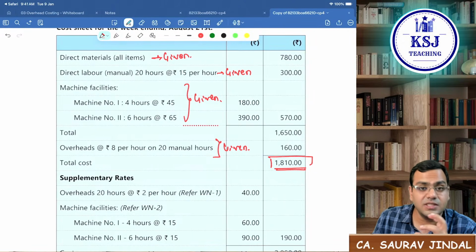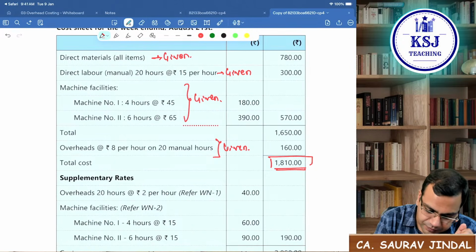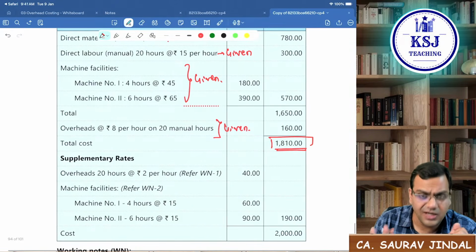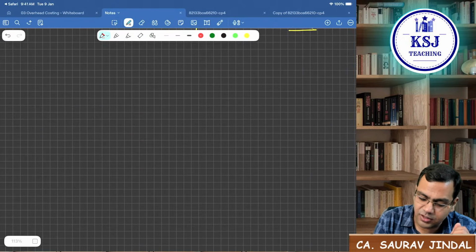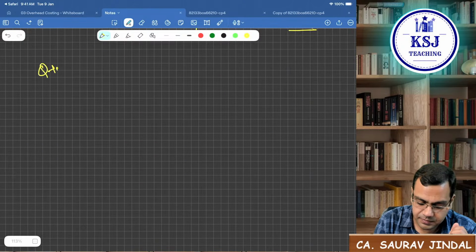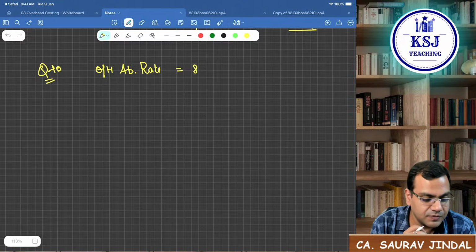Now coming to the supplementary rate. Listen to it very carefully. First I'll talk about the overhead part. Right? Now how this 8 rupees, the overhead absorption rate is given as 8 rupees. Right?